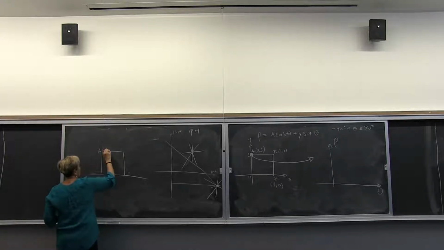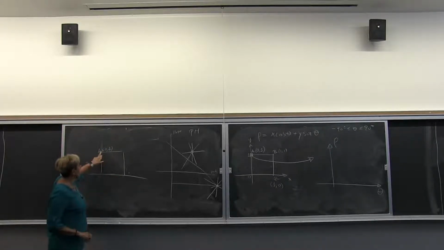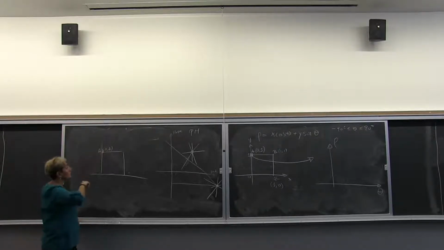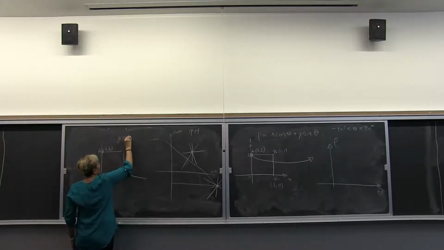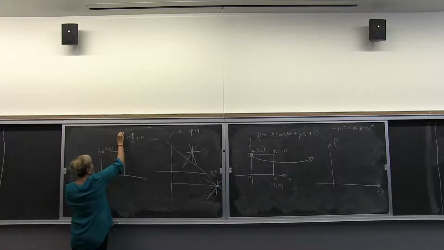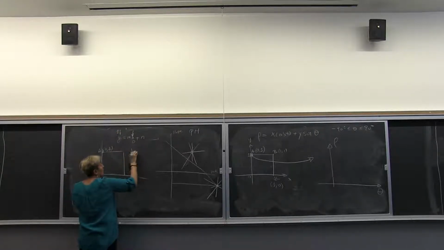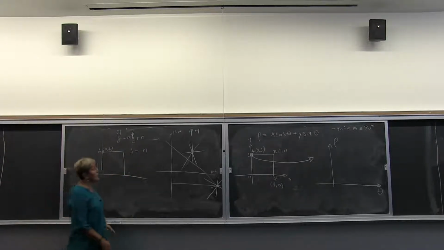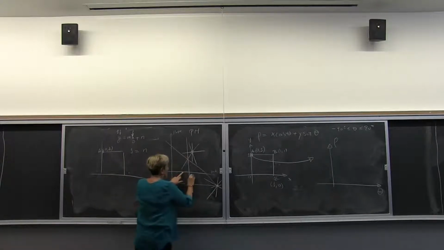This guy is 0, 1. So this point over here will give me a line over there, which will be of the form, plugging x is 0, y is 1, so I have 1 is equal to n. So the line corresponding to this point will be a line that has intercept 1.